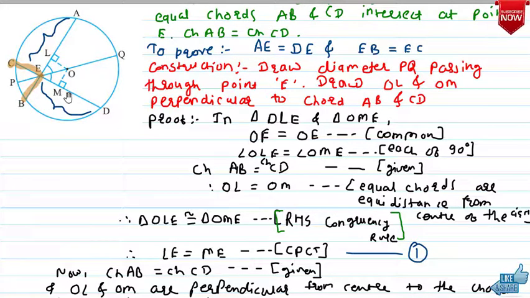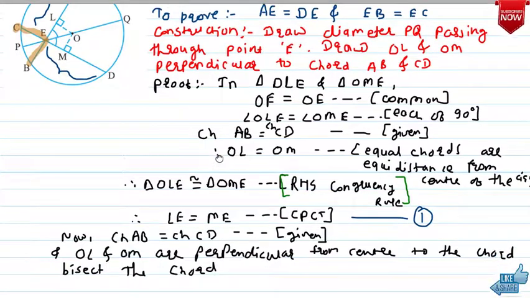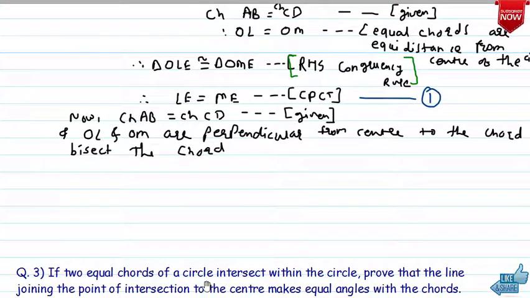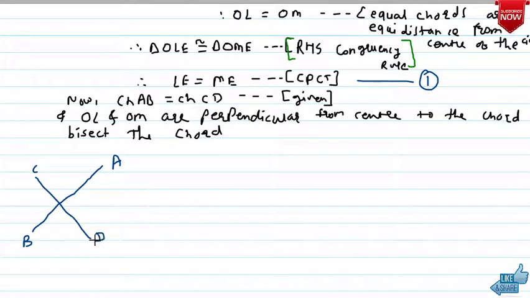And this MC is also equal to LB. I will show you, wait a minute, I will just draw those lines here. Now see, this is point E and these are the perpendiculars. O is the center and the perpendiculars are named OL and OM.